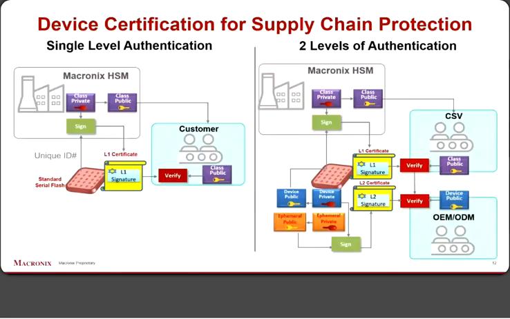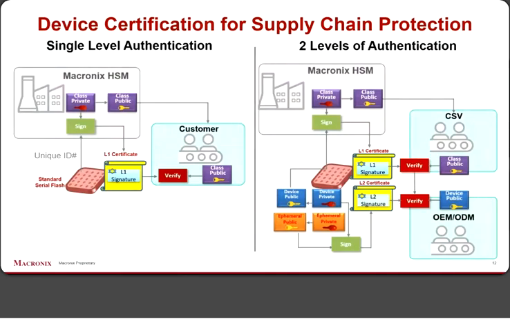So let's dig down a little deeper to see how PKI works. In this example, we're using a device certification for supply chain protection, and this is something that Macronix implements. On the left-hand side, we have a single-level authentication scheme, and on the right, we have two levels of authentication.